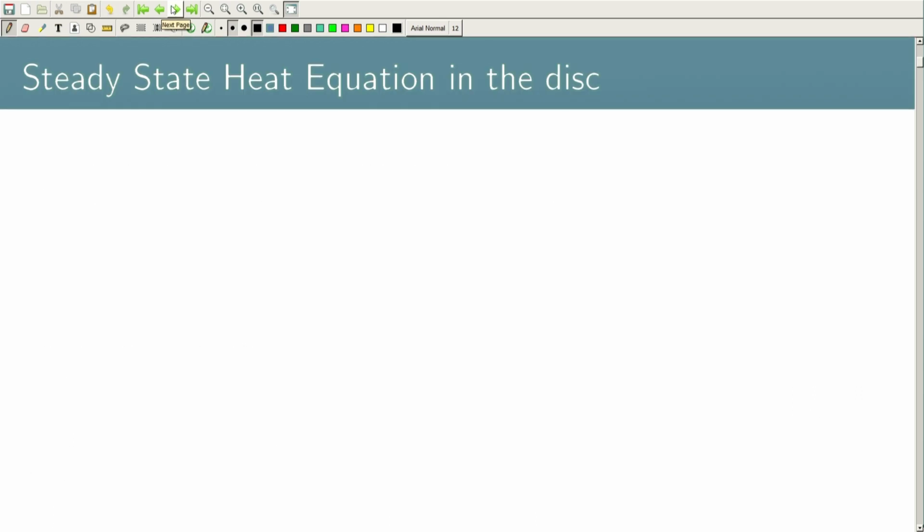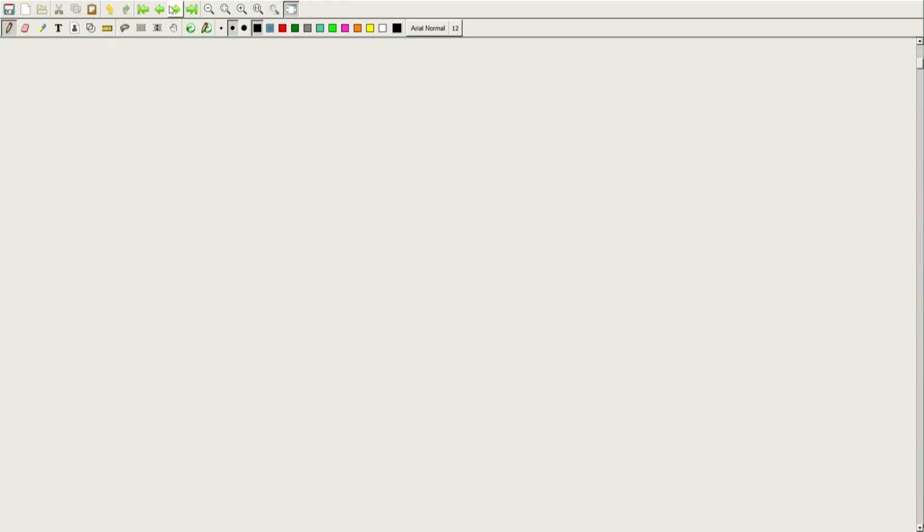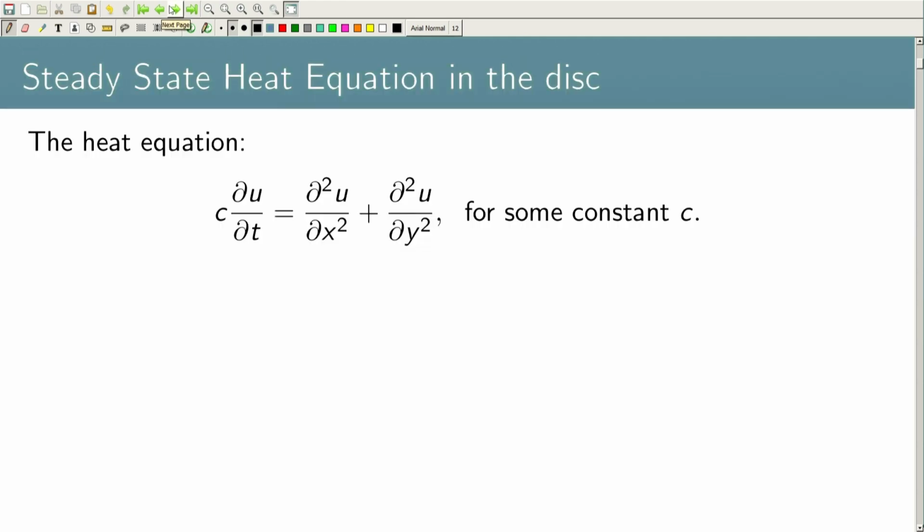So, let us see first, all of us know about the heat equation. The heat equation is given by del u by del t equals some constant c times del square u by del x square plus del square u by del y square in the plane.